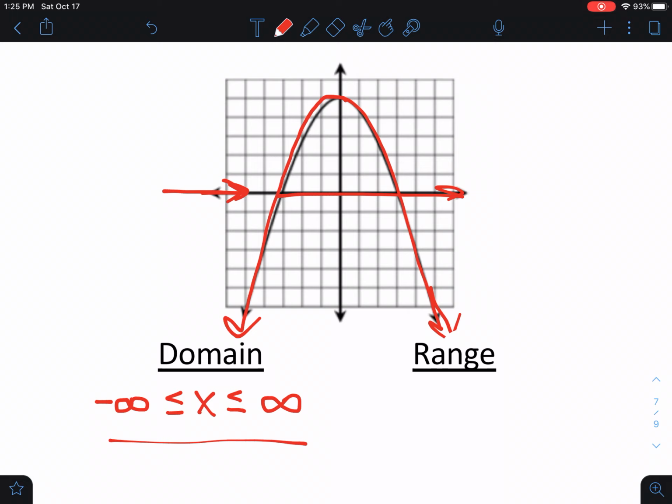Now, the range, let's talk about that a little bit. The range is going to be a little bit different. The domain might feel a little weird for you. It is kind of weird with the infinities and negative infinities in here. All right, let's set up our range.